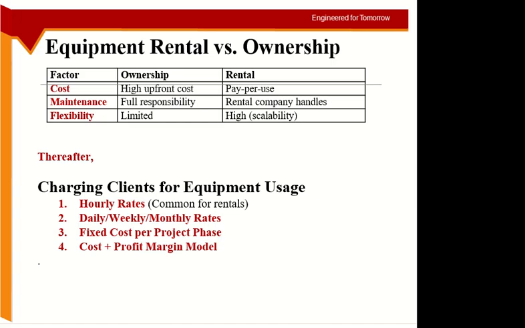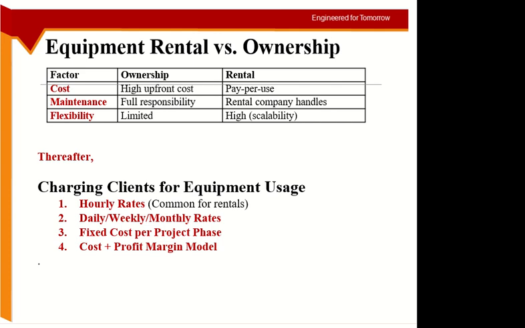If you are owning the equipment, then the last two options are much better for you. You tell the client, I will bring my own equipment and you give me this much cost in addition to what you are already paying me for my work. Or you can say, for the equipment, this much is the cost, and I will take 10%, 20% extra profit margin on the cost of the equipment.